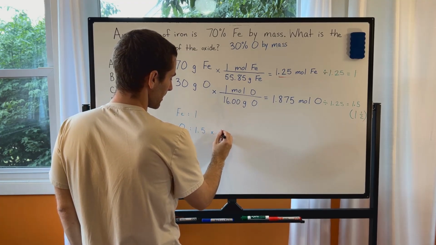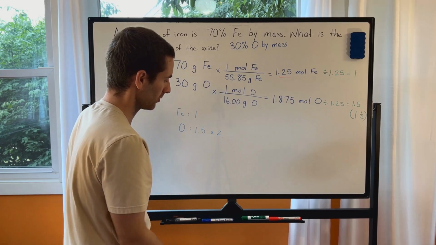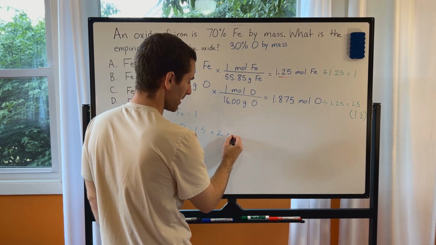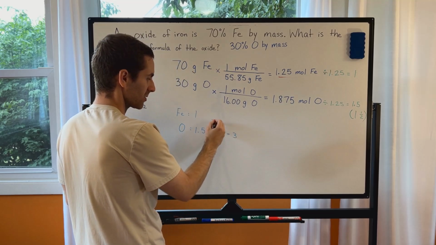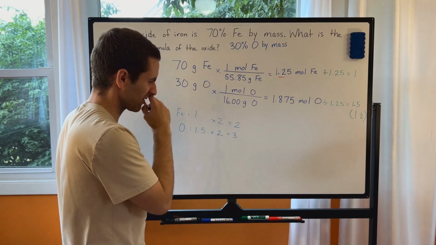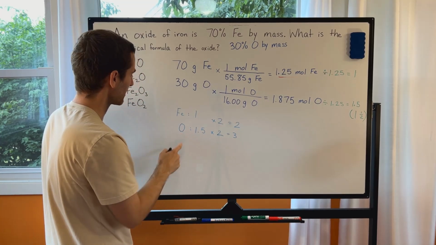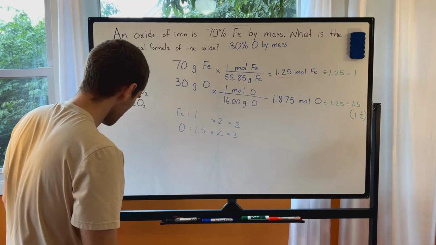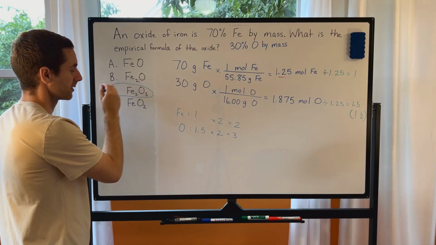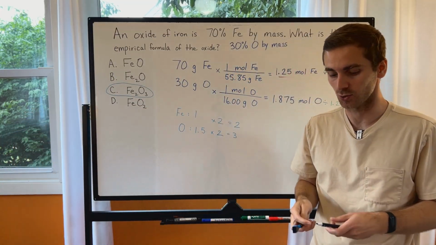I need to multiply this by 2, the smallest whole number that makes it a whole number. That would make it 3. But if I multiply this by 2, then I also have to multiply this by 2, so this would be a 2. These are our subscripts: 2 is our subscript for Fe, 3 is our subscript for oxygen. So our empirical formula of this compound is Fe2O3.